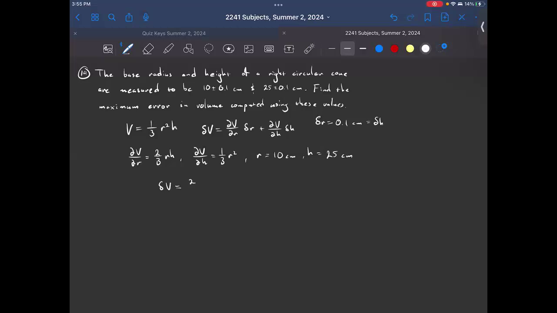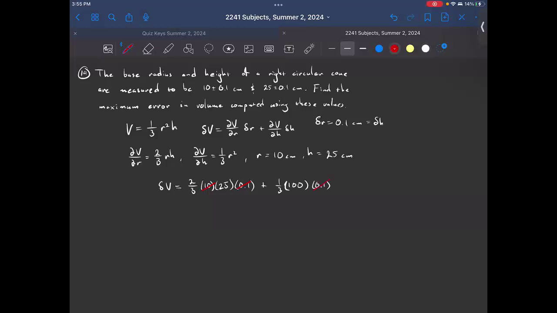So we have 2/3 times 10 times 25, now times delta r, which is 0.1, or divide by 10. So these two factors cancel out. And then we add on partial V, partial h at 10. So we have 1/3 times 100, which is 10 squared. And last, our delta h is also 0.1.